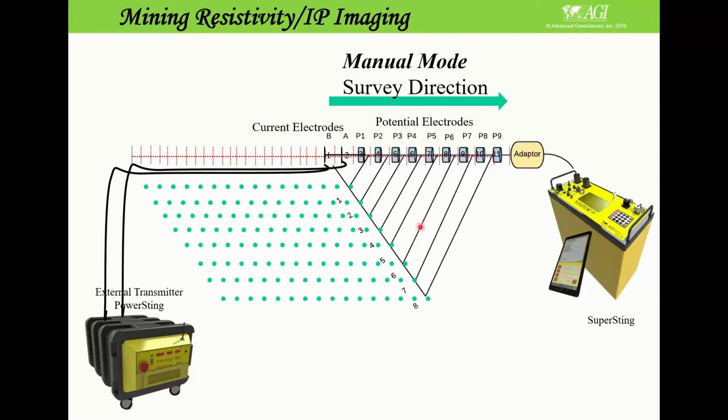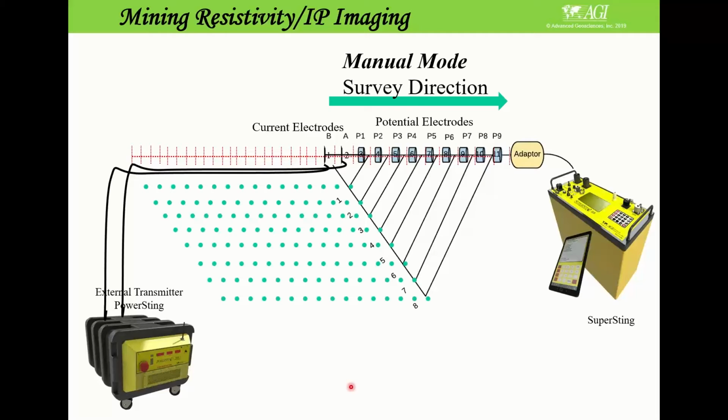So what is the advantage of doing it this way? You have full control of the signal, but it is very slow. It is also very limited, not only in data number but also in depth of investigation. You just get 8 levels. If you want to improve the signal and go deeper, you have to expand the current electrode or voltage electrode spacing, get another level at the bottom, and go deeper and deeper.